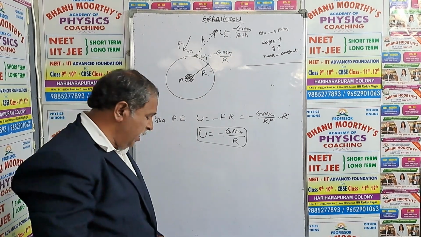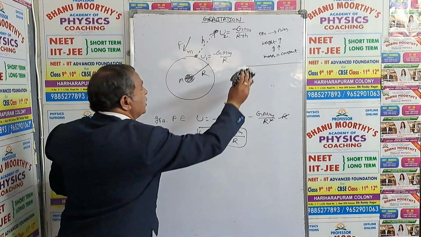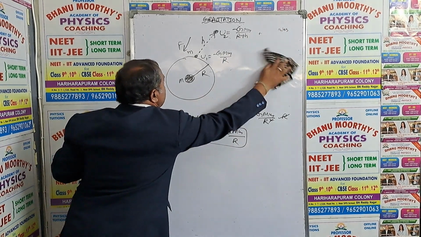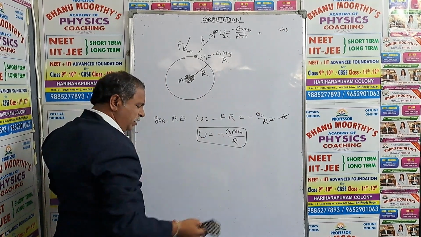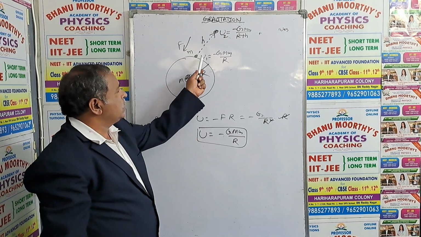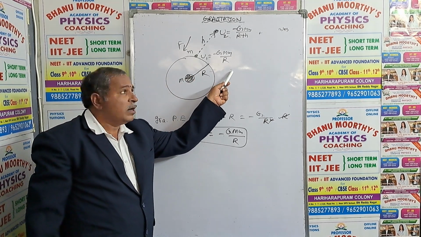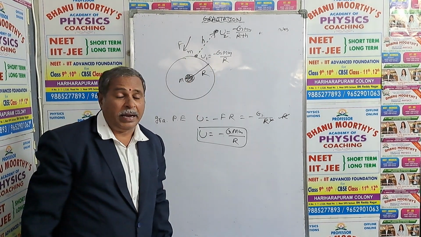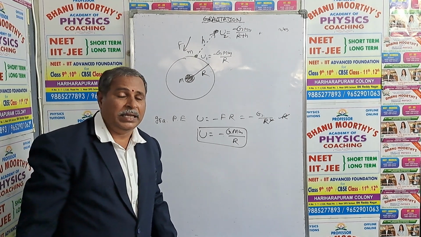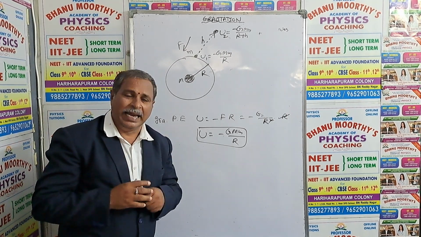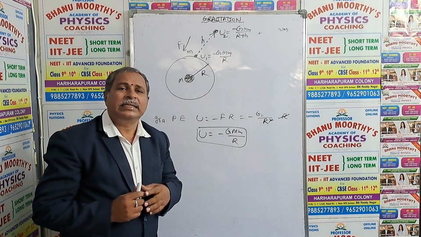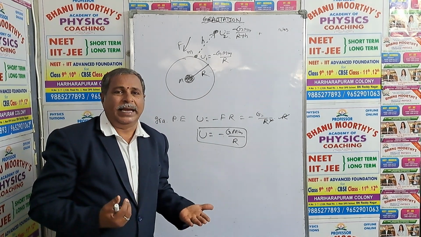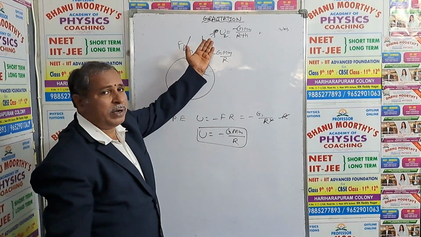Because the body is taken to a height h, the gravitational potential energy increases by virtue of its position. So on the surface of the earth it is minus GMm by r, and at a height h it is minus GMm by r plus h. Then the question is, how much work is done in moving the satellite or any object from the surface to a height h?